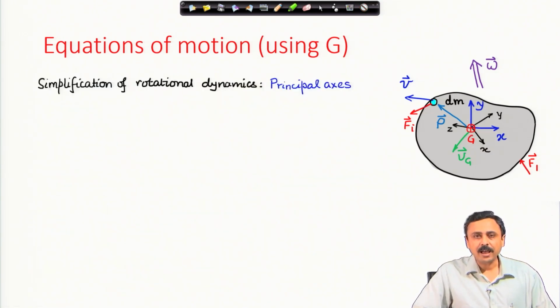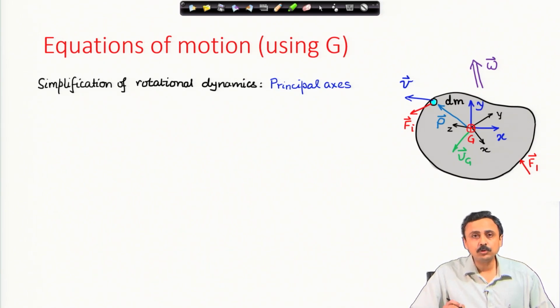Some simplifications are possible if we choose the xyz frame, which is of course fixed to the body. If I choose in a very special way the frame axes as the principal axes of the body, now, these things you must have studied in mechanics. What are the principal axes of a body?